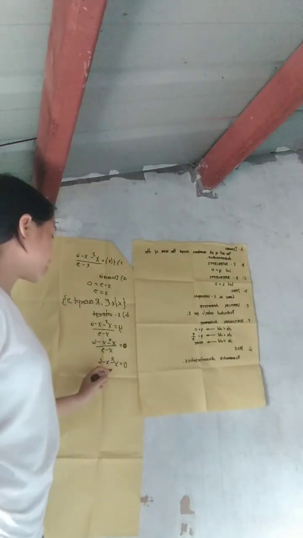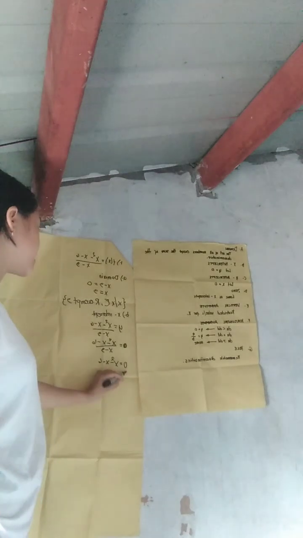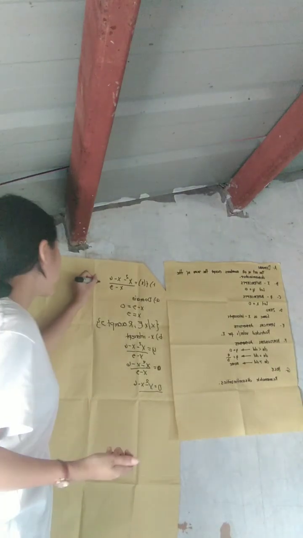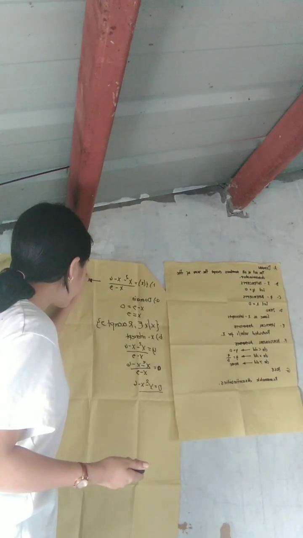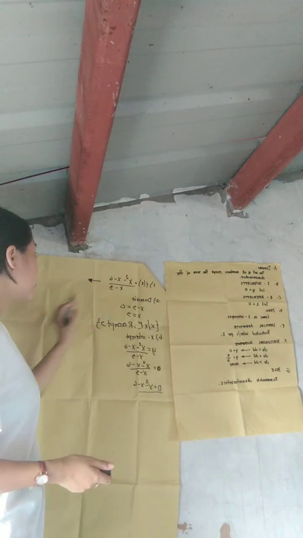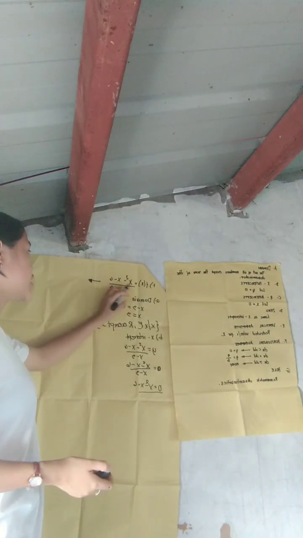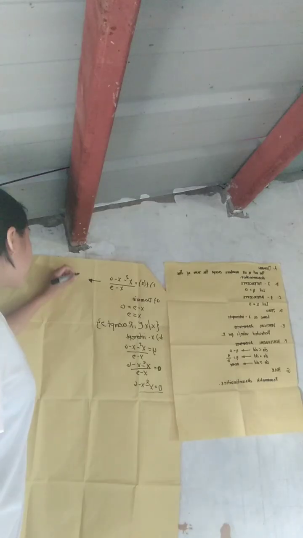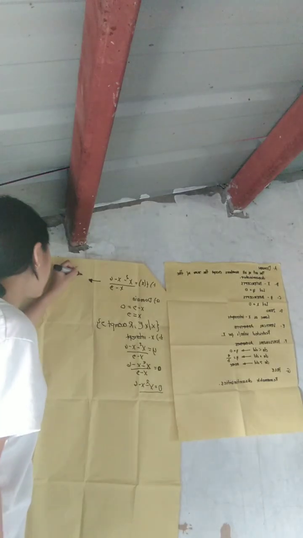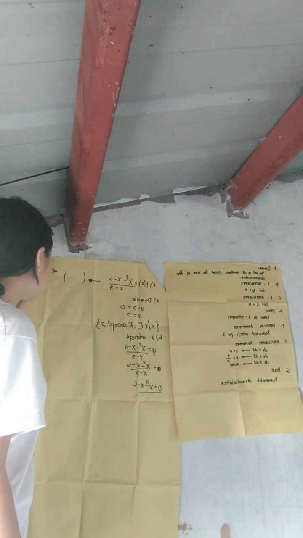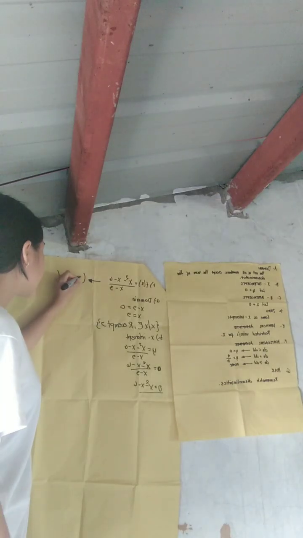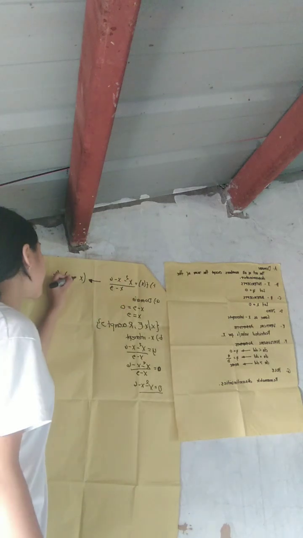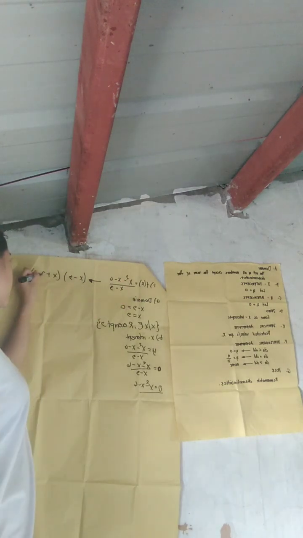Let us first find the factors of this. We look for two numbers whose product is negative 6 and whose sum is negative 1. For this trinomial, the numbers are negative 3 and positive 2.